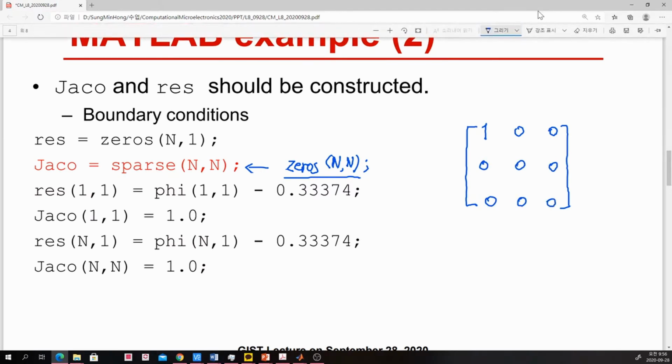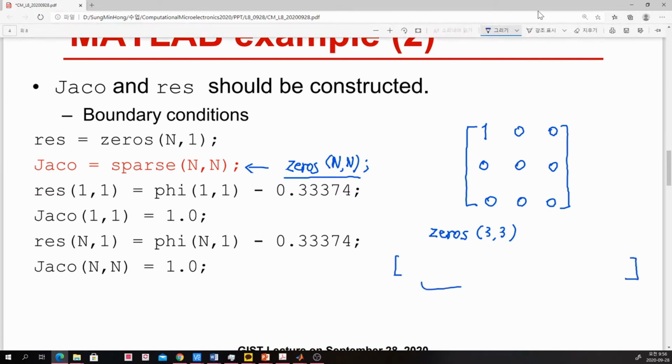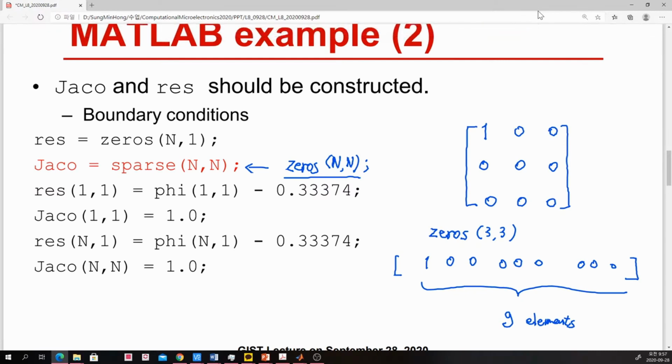In this case, when you assign it as zeros 3, 3, what will happen? In your memory, you will have 9 elements, and it will just read like 1, 0, 0, 0, 0, 0, 0, 0, 0. That will be the memory usage of this zeros implementation.